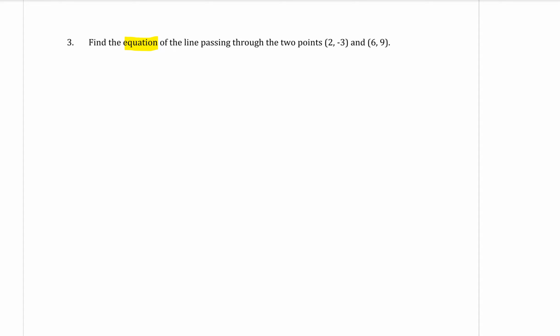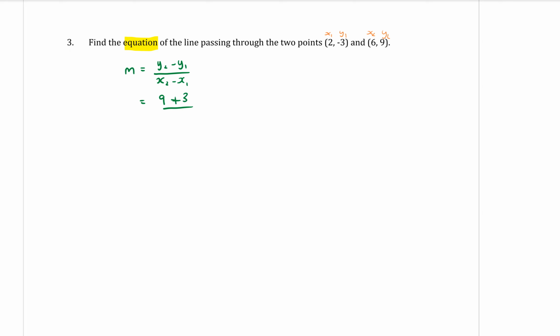However, I don't actually know the gradient yet, so I'm going to have to find that first using this formula, m equals y2 take away y1 over x2 take away x1. So this is what we did in question 1. So again, I label these points x1, y1, x2, y2, and I sub them in. y2 is 9, take away y1, which is a -3, so 2 minuses will make a +3.